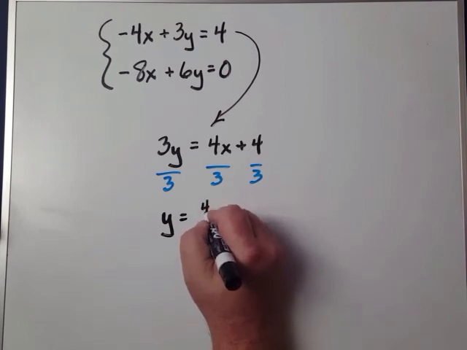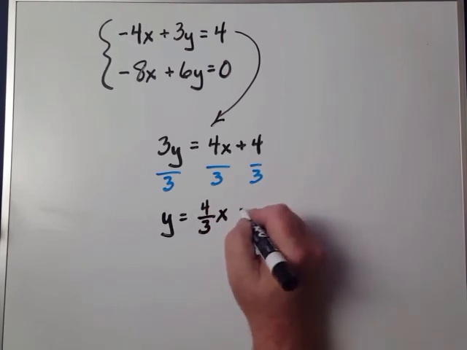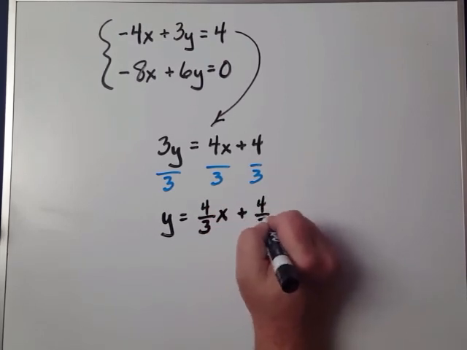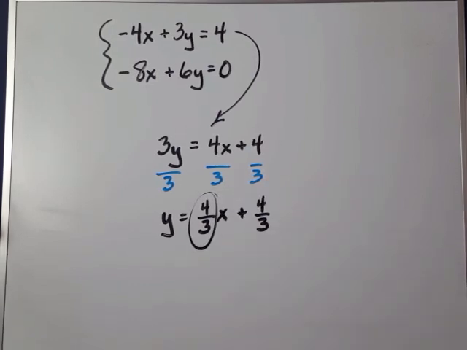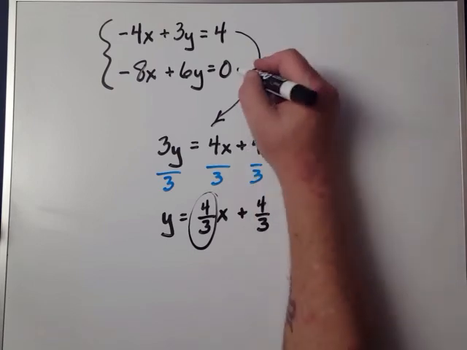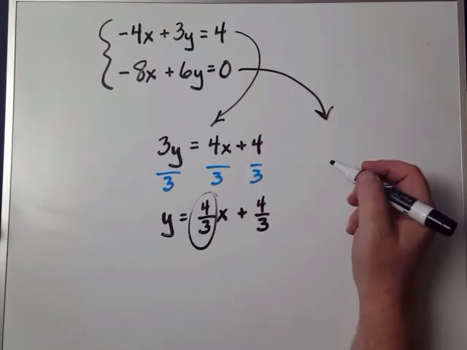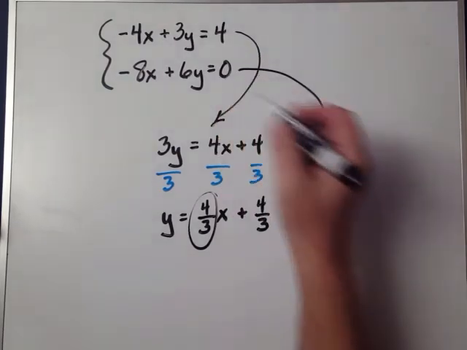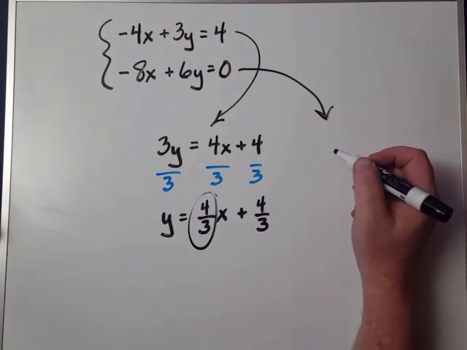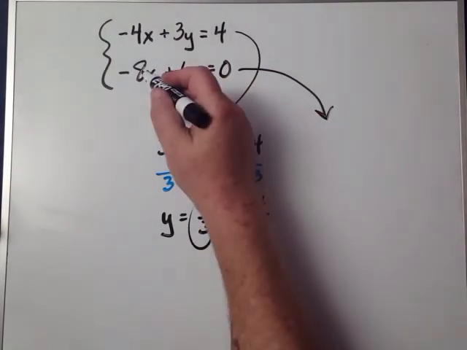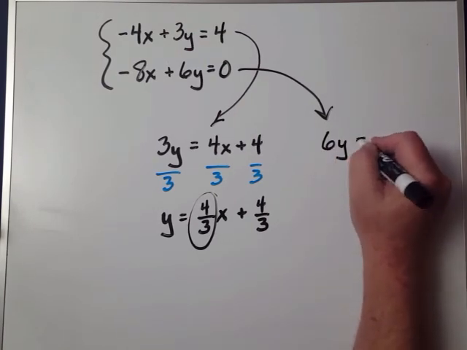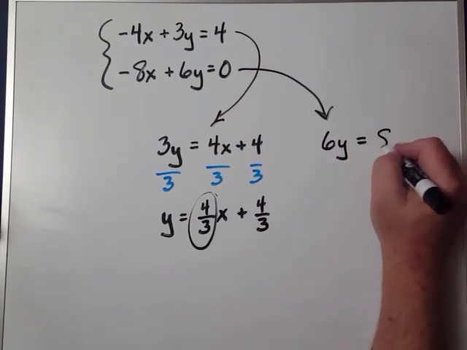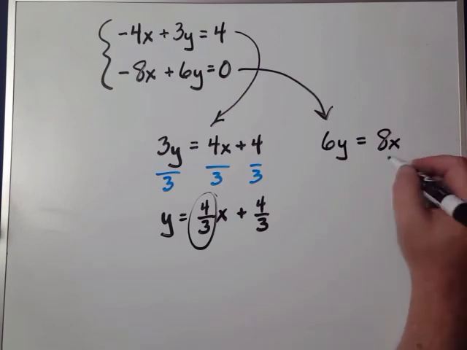So we have y equals 4/3 x plus 4/3. The slope of the first line is 4/3. What's the slope of the second line? Solve it for y. Add 8x to both sides. 8x plus 0 is just 8x.